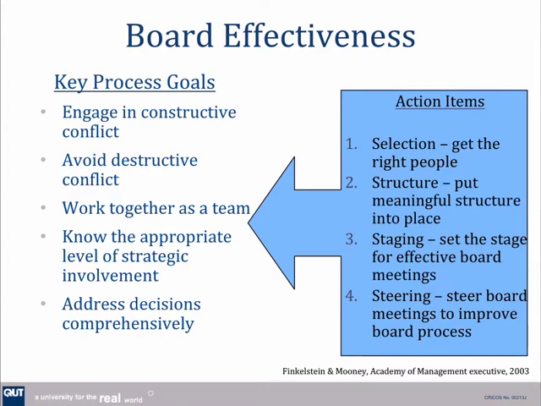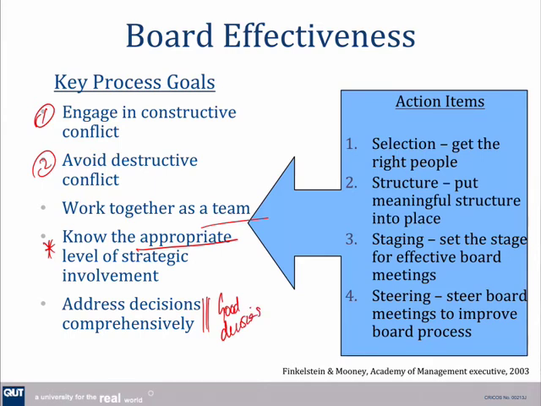So what we really want out of an effective board and an effective governance system is constructive conflict or debate, but not destructive where people undermine each other. That means we've got to work as a team. We also have to be involved at the appropriate level strategically and to make decisions. So that's really a lot of what we want from a board, is good decisions.